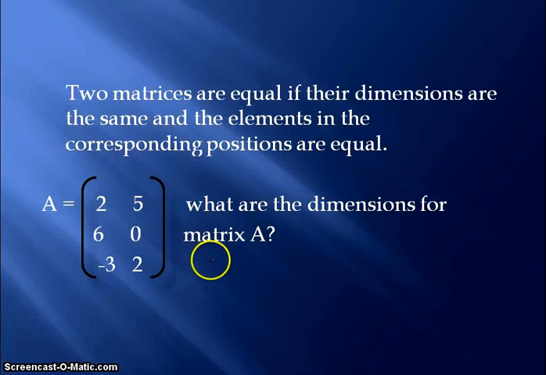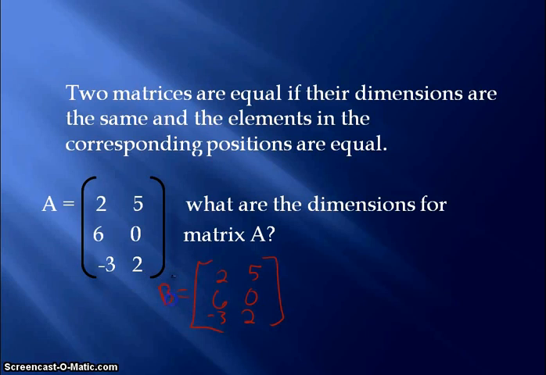So something that would be also congruent to matrix A would be if we saw another 2, 5, 6, 0, negative 3, 2 matrix, let's call it matrix B or something. Notice we are naming matrices by a capital letter, so this is matrix A, this is matrix B. So in this case, what are the dimensions for matrix A?